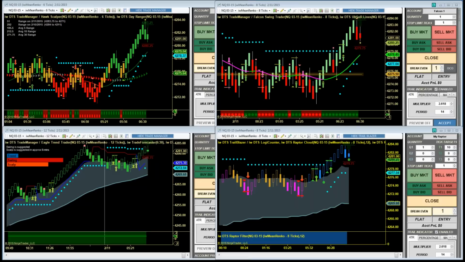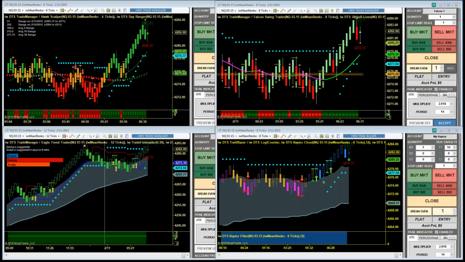That's why I'm here. What you're looking at is the diversified trading systems, and it's diversified because we're looking at the market from 3 different points of view. In the top left, we have the Hawk Micro Scalper. Top right, we have the Falcon Swing Trader.